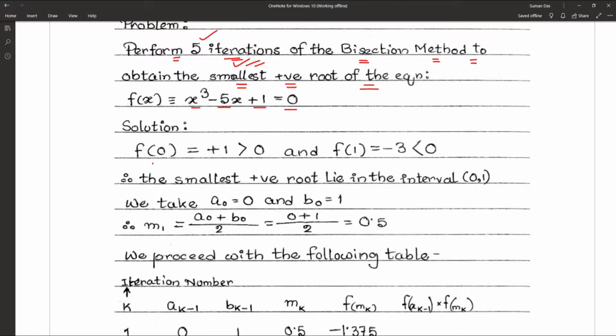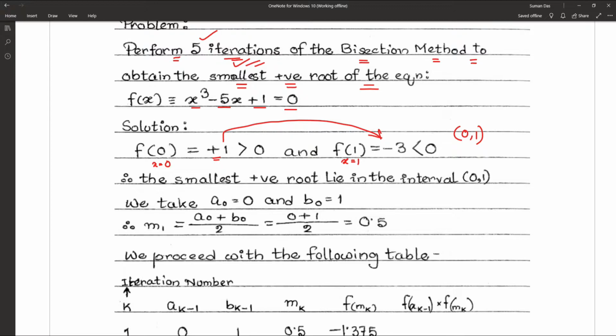When we put x equal to 0, we get f(x) as plus 1, which is greater than 0. When we put x equal to 1, we get f(x) as minus 3. Those are of opposite signs, so the smallest positive root must lie between 0 and 1.